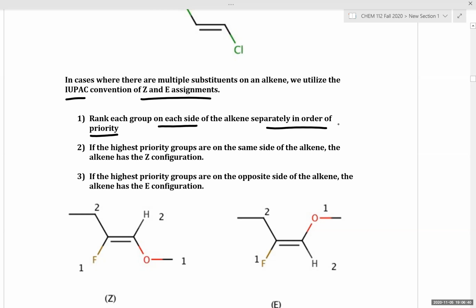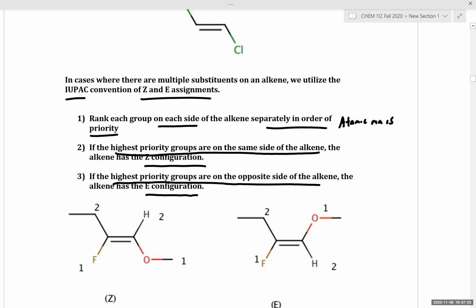Remember, priority is based on atomic mass. The larger the atomic mass, the higher the priority. If the highest priority groups are on the same side of the alkene, it has a Z configuration. If the highest priority groups are on opposite sides of the alkene, it has the E configuration.